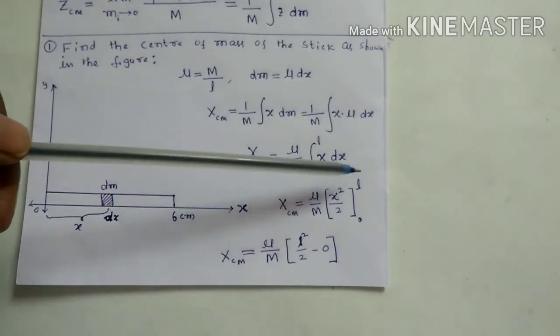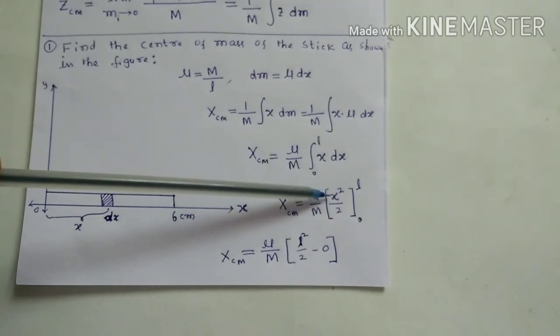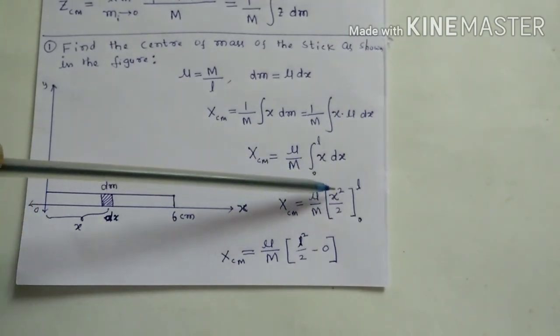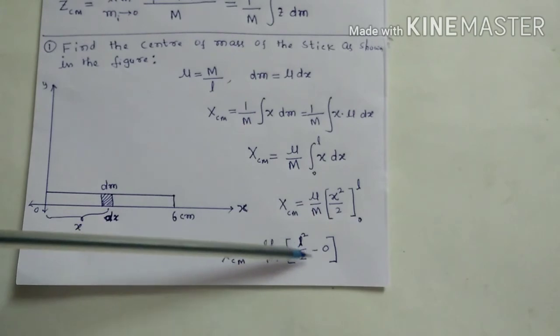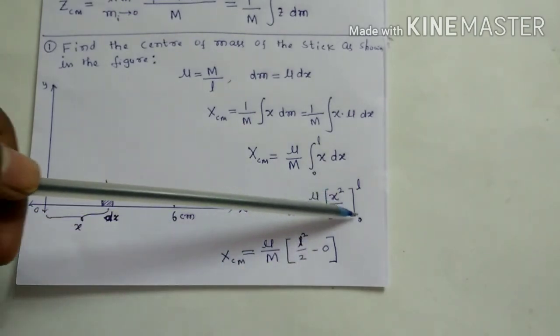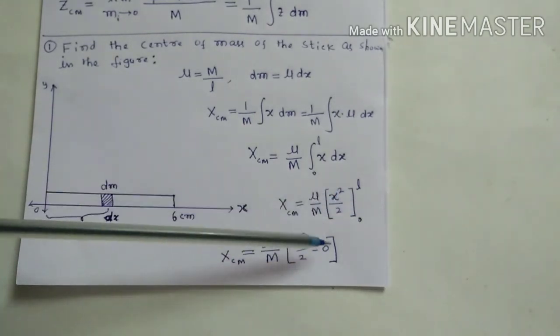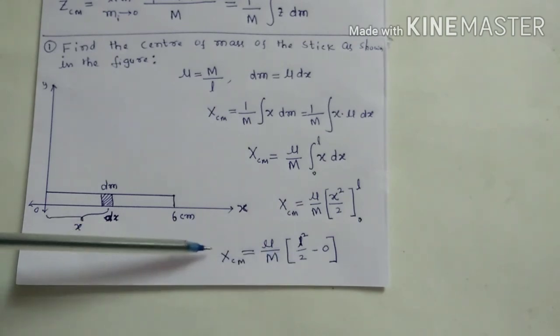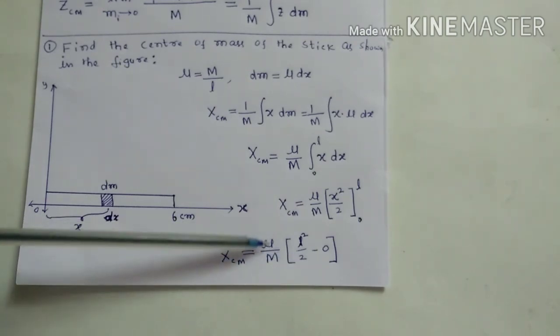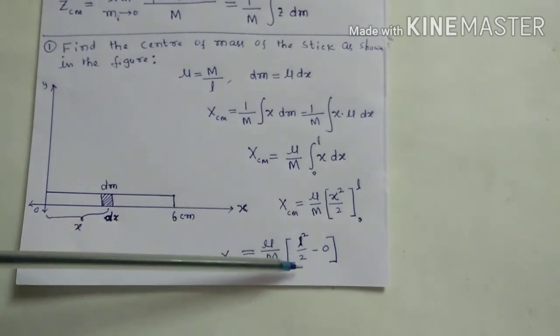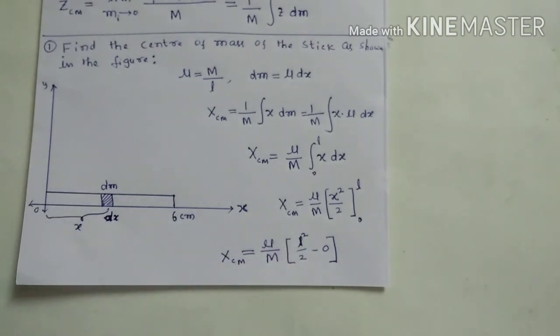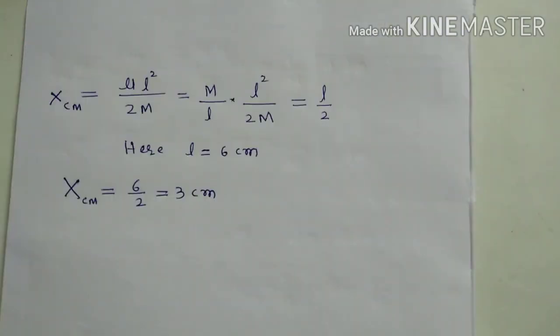In the bracket, first the upper limit: x replaced by L, so L square by 2, minus x replaced by 0, 0 by 2 is 0. So you can write it like this. Center of mass x coordinate is mu by capital M into L square by 2. Further, we will simplify it.